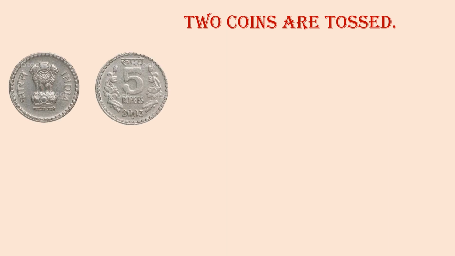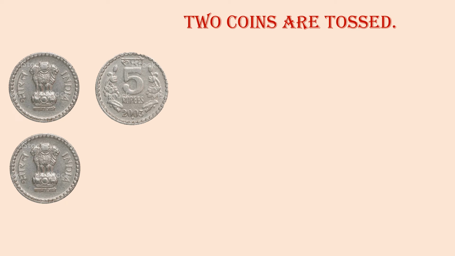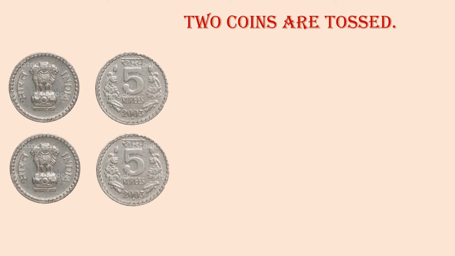Now let us take an example of two coins tossed together or simultaneously. It means either you can throw the two coins together or one after the other. Both will give you the same result. So either you will get head on one coin and tail on the other, or head or tail on the second coin.